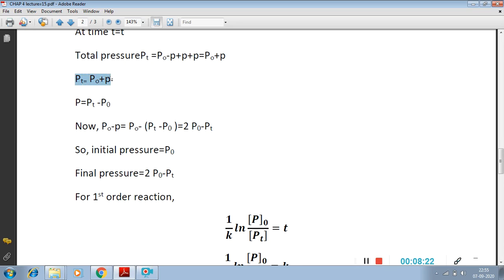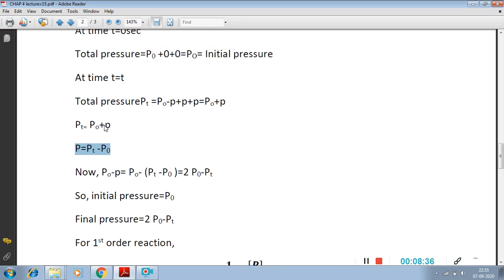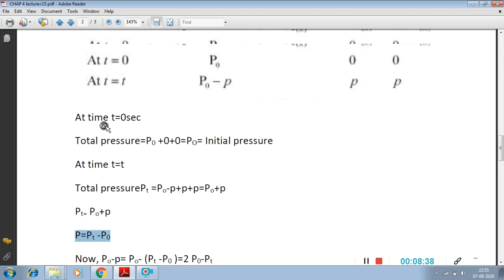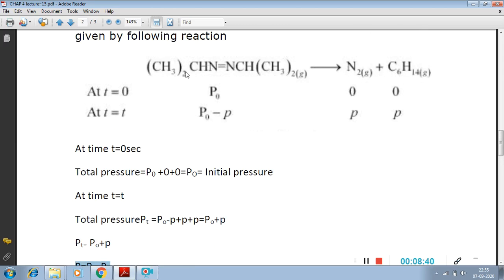Now from this formula, if we want to make a formula for small p here, small p is equal to Pt minus P0. Now here you can see the remaining reactant has pressure P0 minus small p.